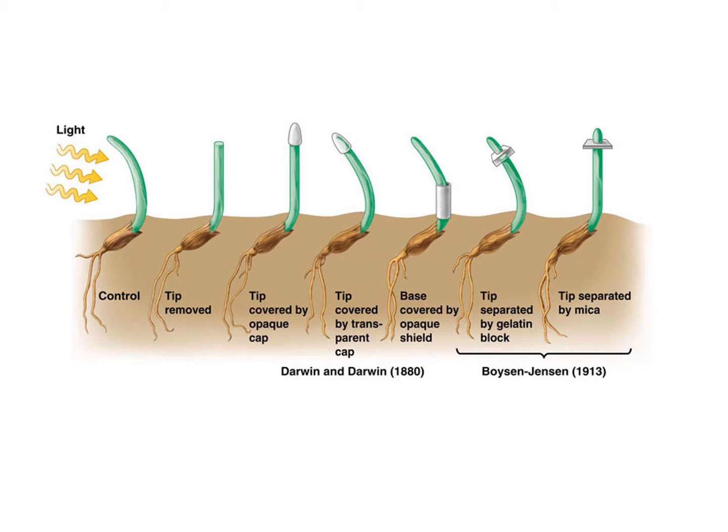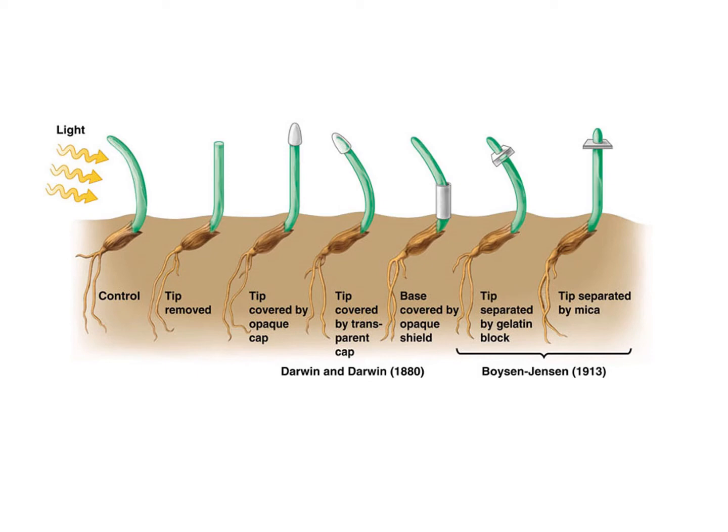So he covered the tip with an opaque cap. It's like putting blinders on the seedlings. And sure enough, even if the cells are there, if they're covered from light, the plant loses the tropic response. If you cover it with a transparent cap, it retains that. So it's light hitting the cells at the tip.